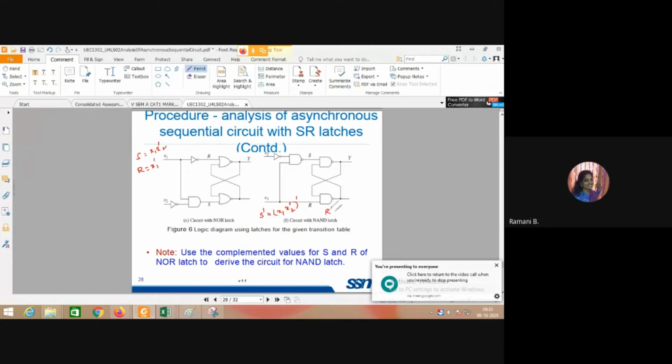And R bar is X1 bar the whole bar, so that becomes X1. The latch is named S bar, R bar, but we give the notation as S and R only. Like this, you can implement the asynchronous sequential circuit using the SR latch.